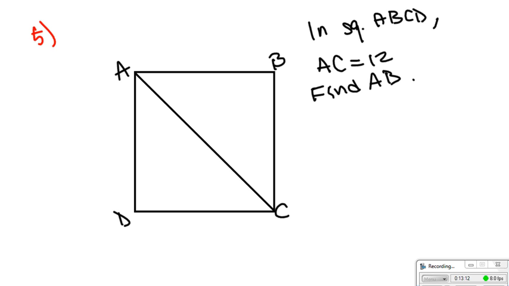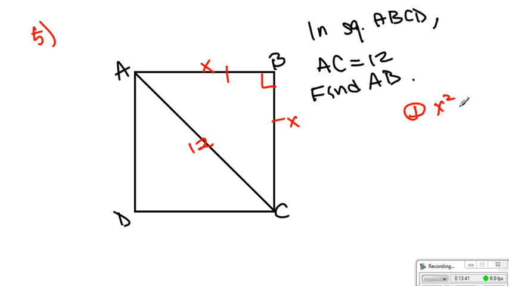So, if you look at the previous question, we get to see that AC is equal to 12, and we're looking for this one. And since this is a square, each side will also be equal to each other. So yes, we can use the Pythagorean theorem if you want to. So the first method would be: since this side is equal to x, the other side also must be equal to x.